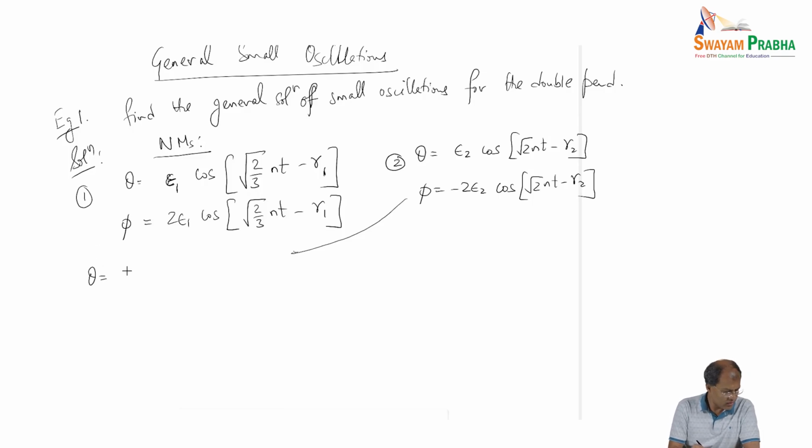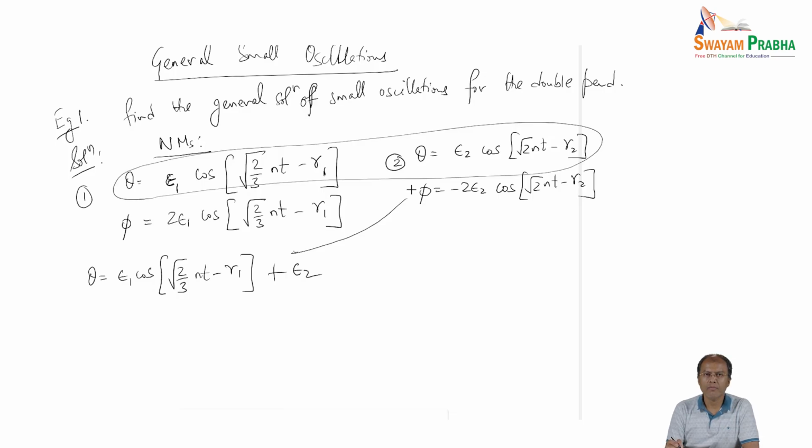The general solution is theta is epsilon 1 cos of square root 2 by 3 nt minus gamma 1, plus epsilon 2 cos of square root 2 nt minus gamma 2. So we add up these two solutions to find the most general form.